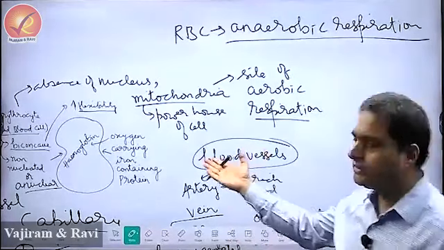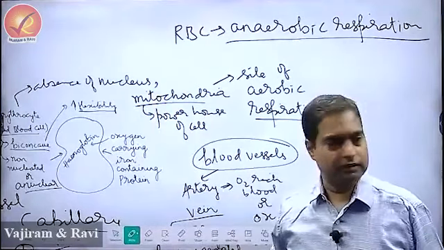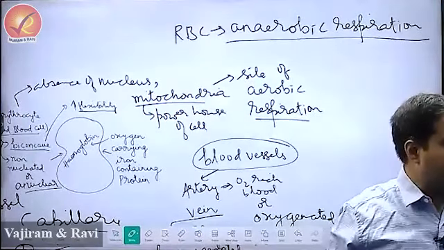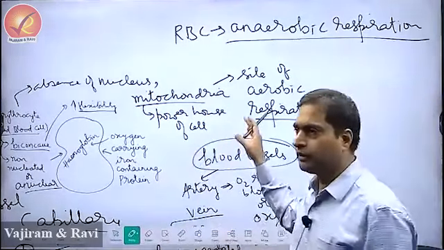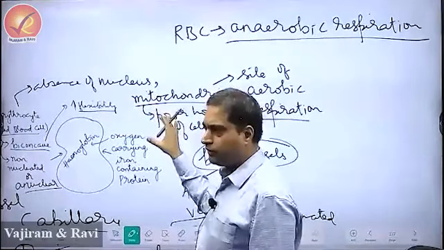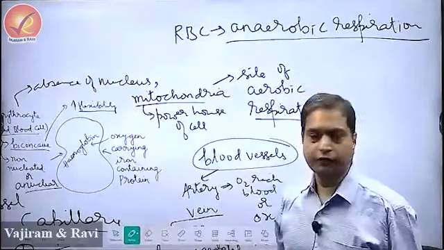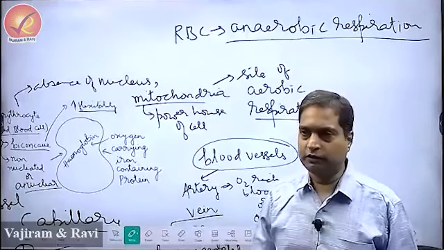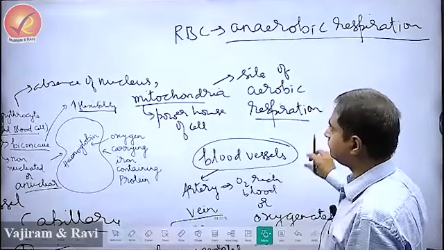Because if RBC itself will consume oxygen, then what it will deliver to the body cells, isn't it? So that is an adaptation of our body, that it should not have those cell organelles, like absence of nucleus, absence of mitochondria, accumulate hemoglobin and carry the required amount of oxygen to the different body cells to meet the demand of oxygen in the body.